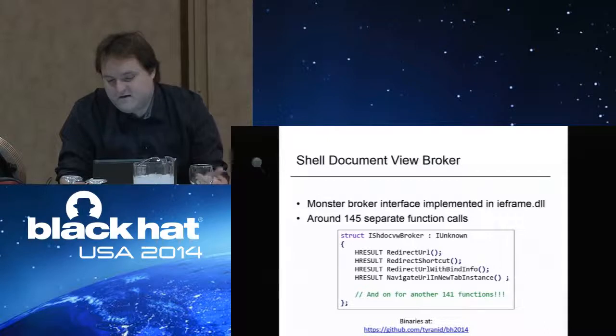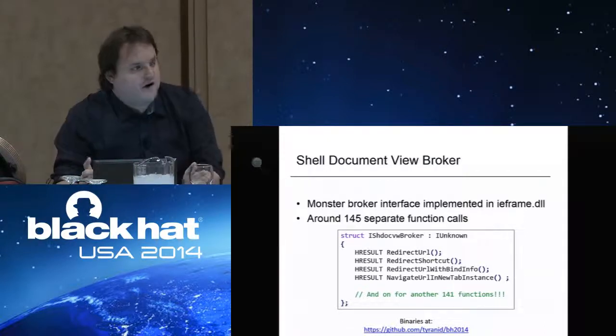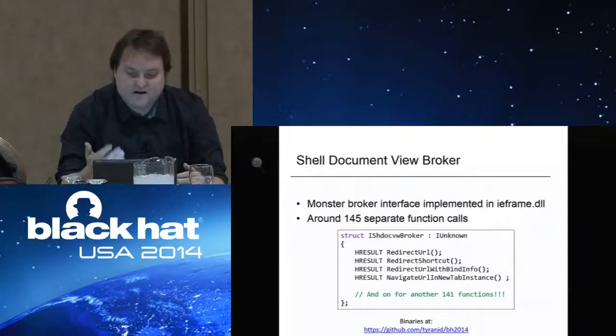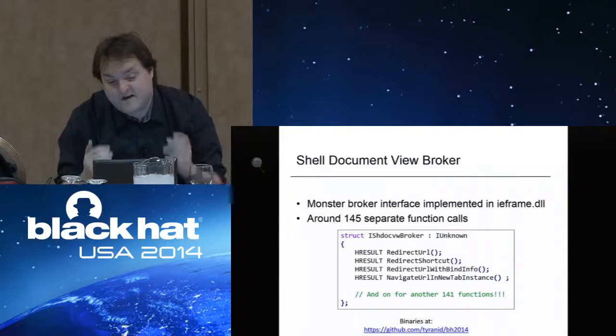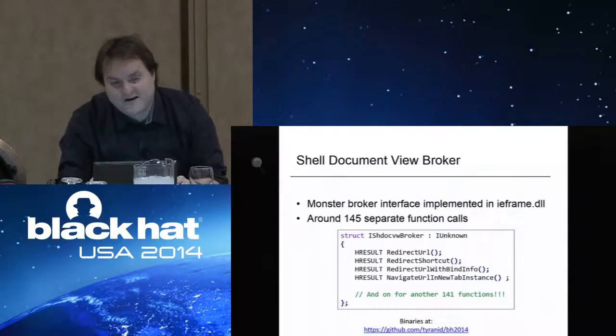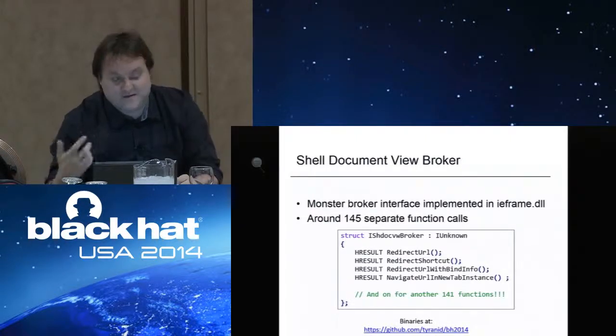So the main reason I wrote my little script to dump the interface is because one of the first things I saw was this shell document view broker. The interface contains around 145 functions. Now that's far too many functions to be manually typing into anything. So obviously I wrote a quick script to dump it.